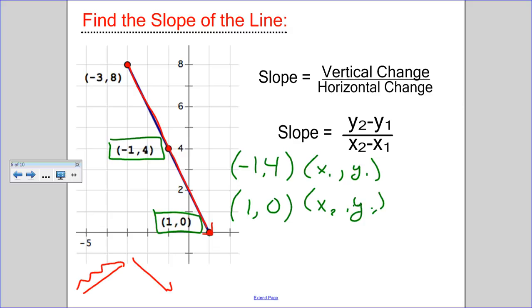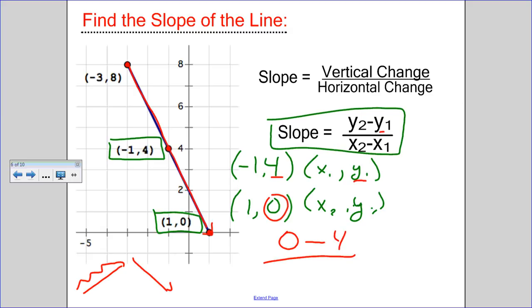If we use these points, we could use our slope formula up here. We might be able to say that y2, which is 0, minus y1, which is 4, would be our rise, and that would give us a value of -4 over our run, which is x2, that's number 1, minus x1, which is -1.